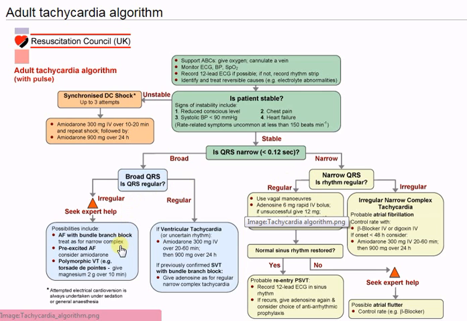The second situation maybe happens if pre-excited atrial fibrillation, and thus the polymorphic ventricular tachycardia.